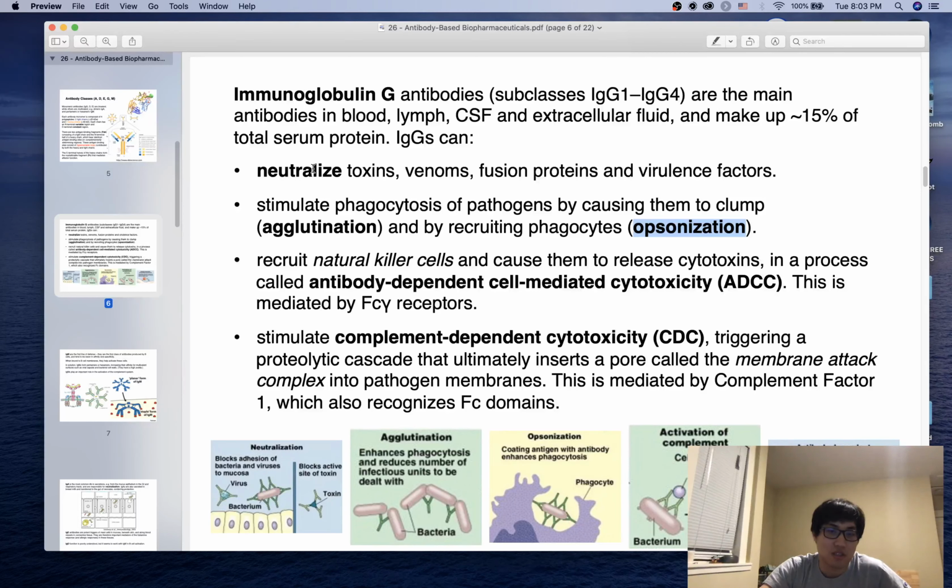They don't only neutralize the antigen, there are also other functions that play an important role in the immune response. Neutralize basically means all those antigen binding domains bind on the antigen, so that I block it from binding to the target.